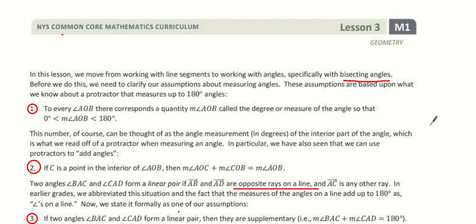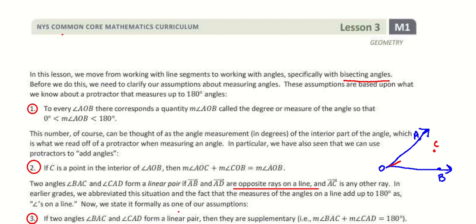So once again, if we draw angle AOB, A is right there, O is the vertex, and B is over here. We can put a point C down as long as it's somewhere on the interior. I'm going to try to put it where I think the middle is, okay?